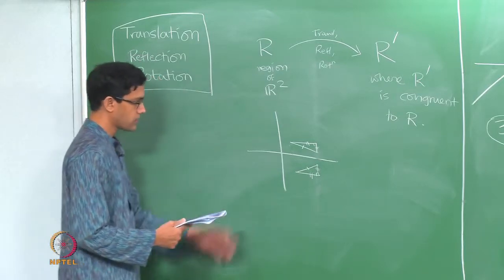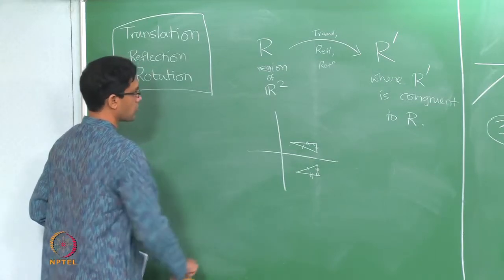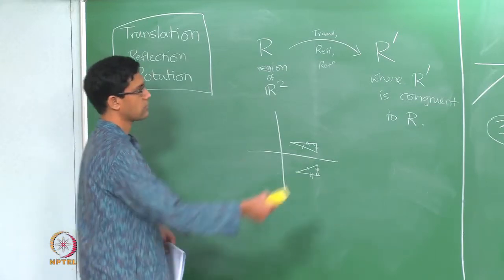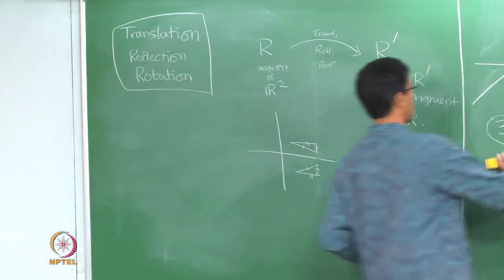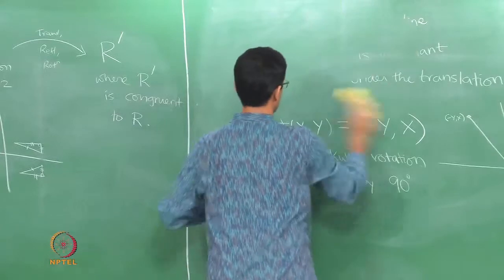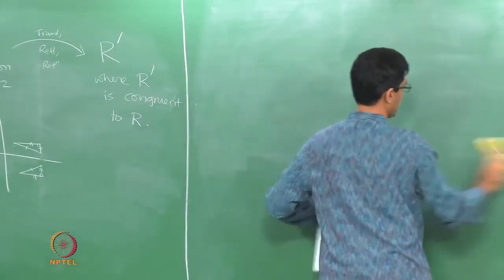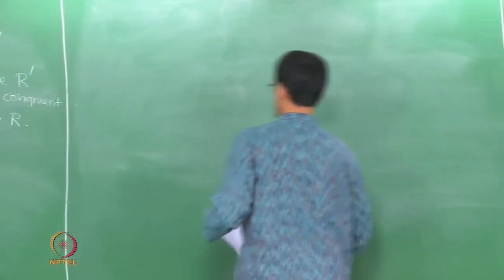So it is again visually clear that rotations also give rise to congruent regions. If you take a region R, it maps it to a congruent region R prime. So in particular, these have the property that they do not change areas of regions.